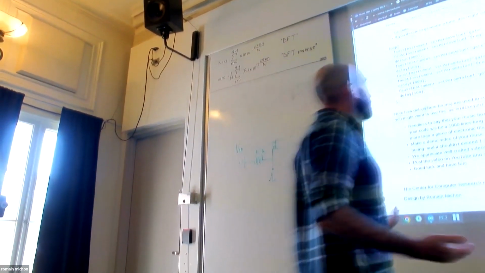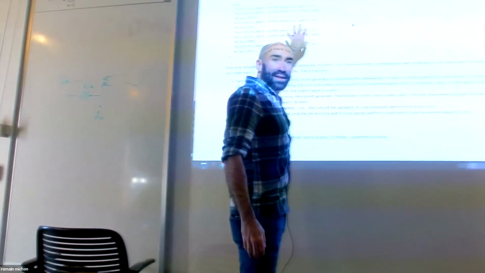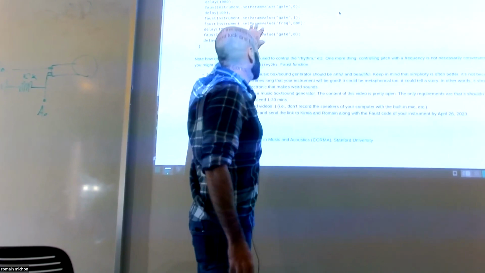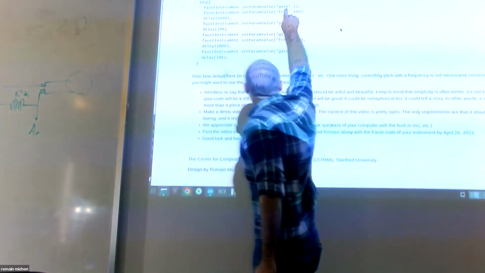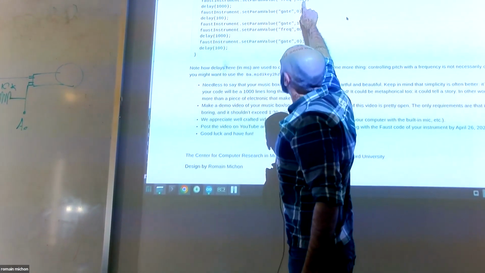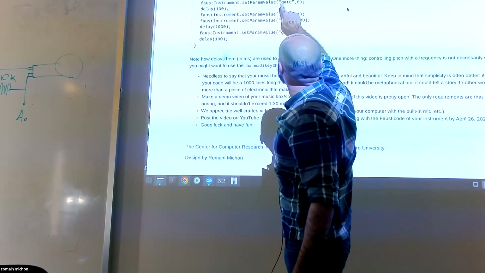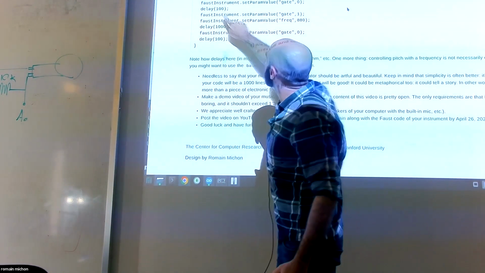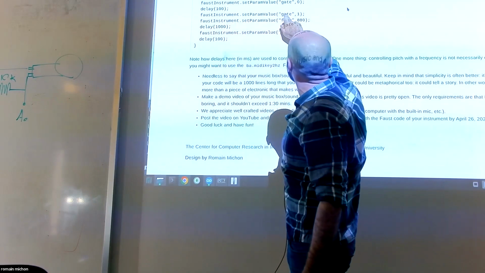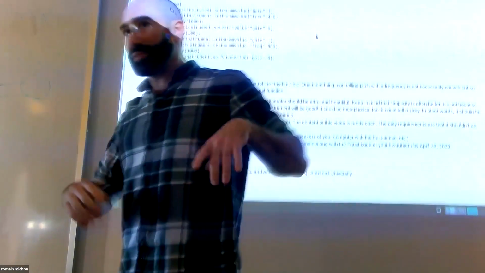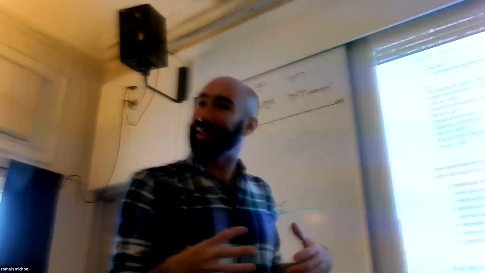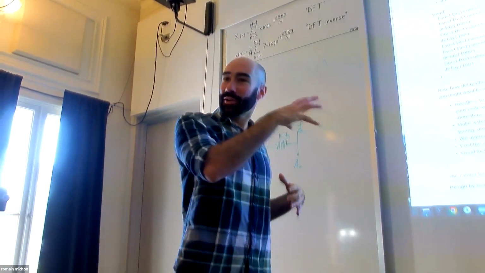Because one way to make the melody could be to do exactly what I did here in the example. You play a note, the note is 440 hertz, then you wait for 1,000 milliseconds, and then you stop playing it, okay? Then you wait for 100 milliseconds, and then you play a new note, okay? There is a way to automate this in a slightly nicer way.